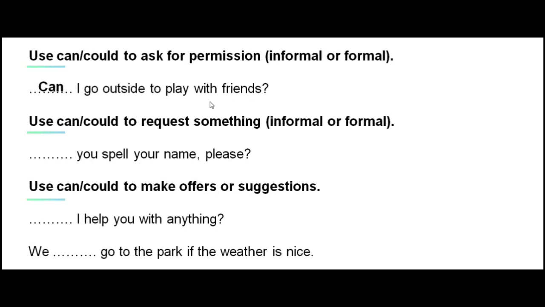Can I go outside to play with friends? Could you spell your name, please? Can I help you with anything? We could go to the park if the weather is nice.